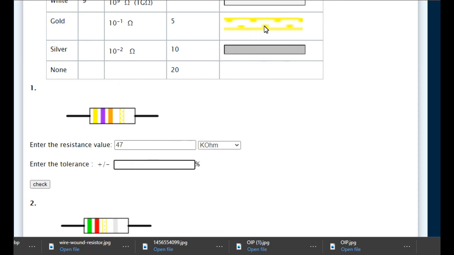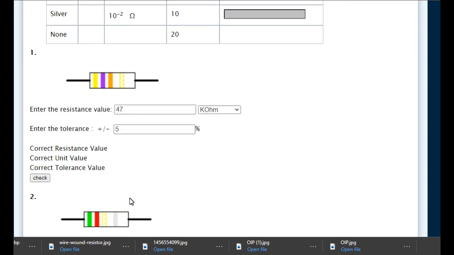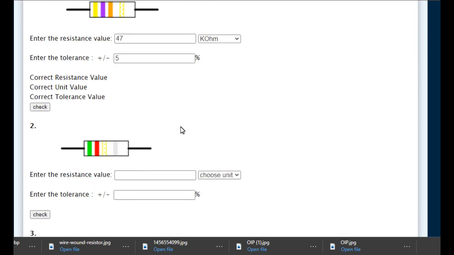This band represents the 5% tolerance type, so type 5 and check. See, it has told that your resistance value is correct, your unit has been chosen correctly, and your tolerance value is also correct.